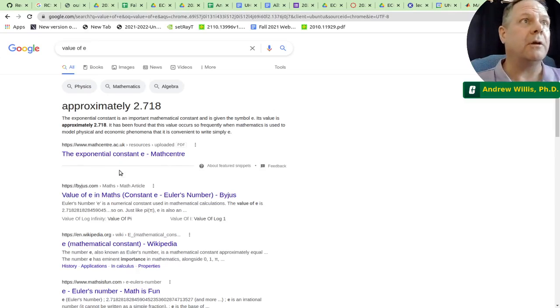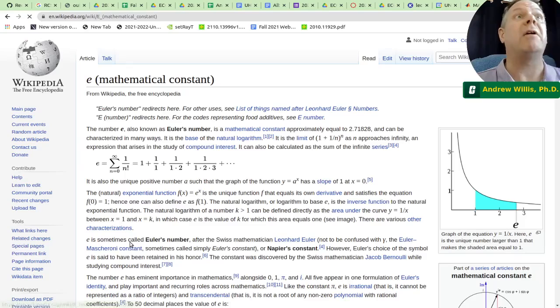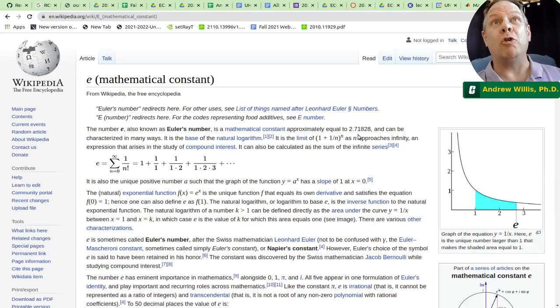It's just a number, and it's actually a very, very interesting number. And e is Euler's number, and it comes up everywhere. I'm just going to write it down as 2.72 for now, but it's got more digits. It goes on, and it comes from this expansion, this infinite series sum.